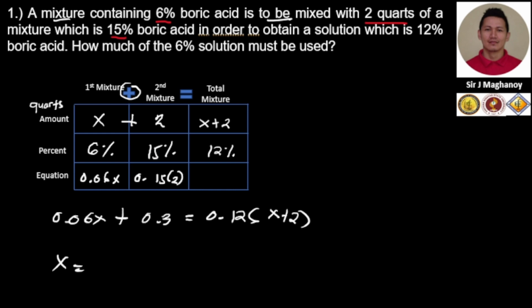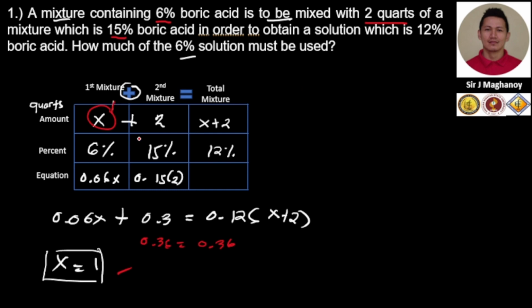Shift solve. So the answer, your x is equal to 1. Correct. So you need 1 quart of the 6% solution to be used.